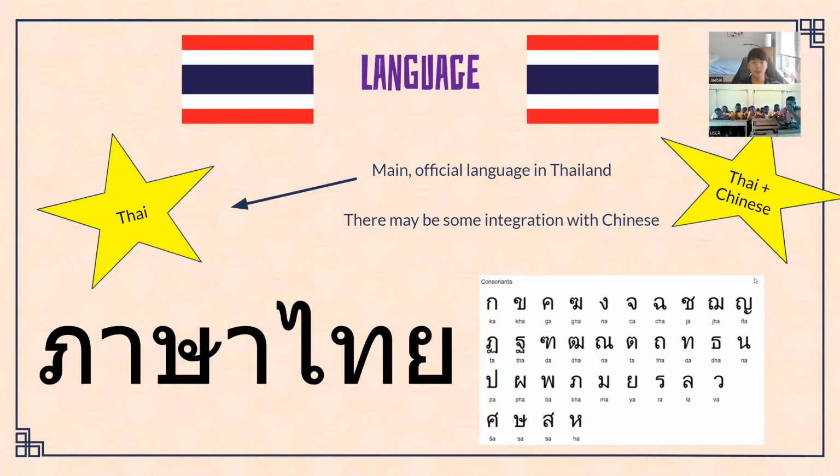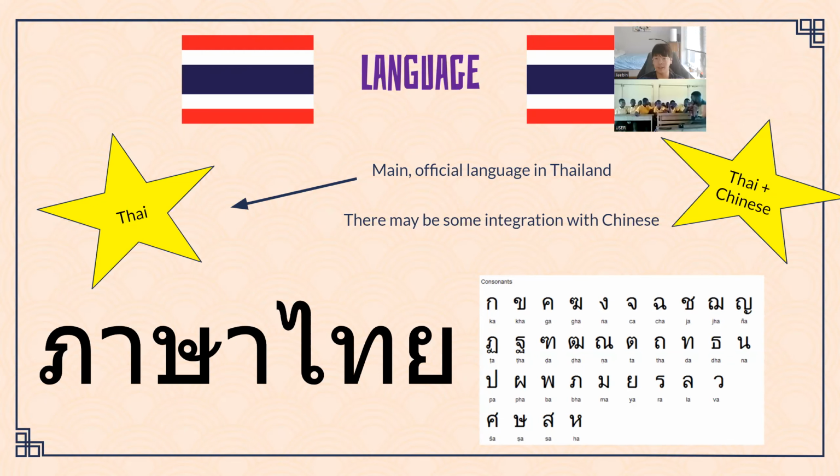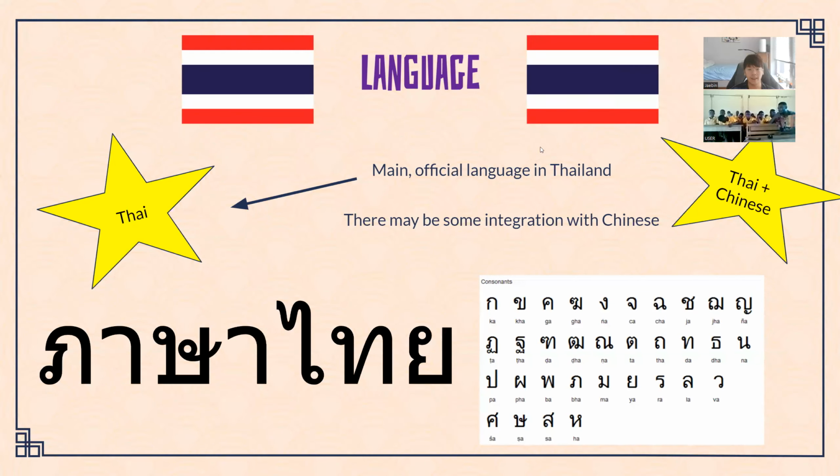And yeah, let's start with the language of Thailand. So Thai is the main official language in Thailand, and there may be some other languages which combine Chinese with Thai, but most of them are Thai, and that is the main language in Thailand.